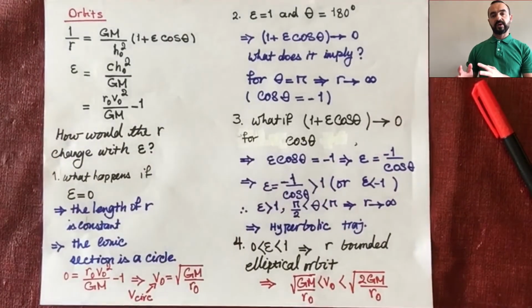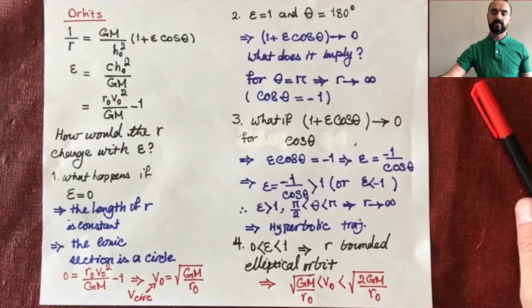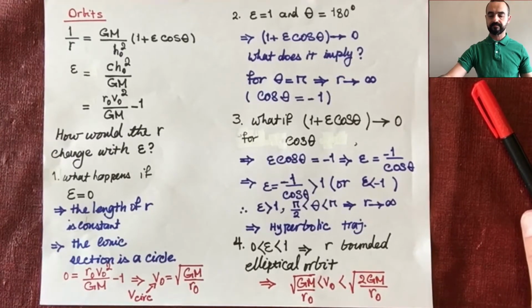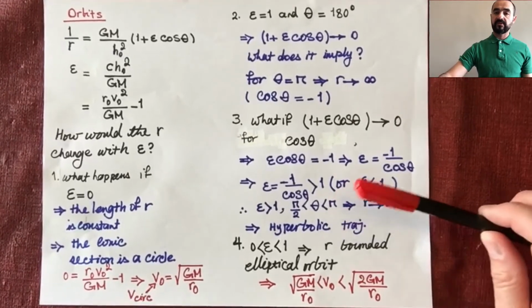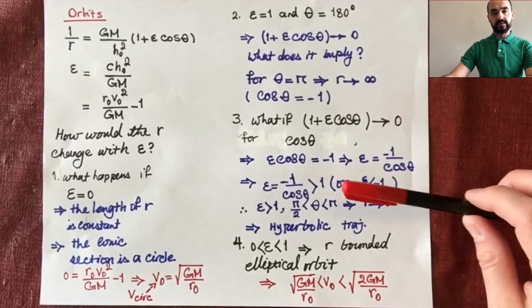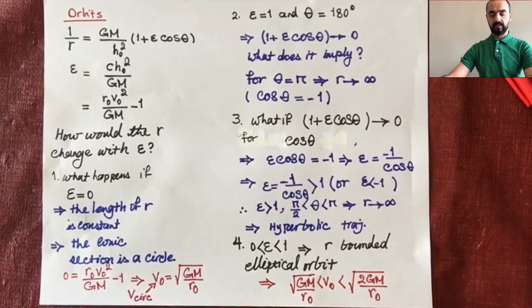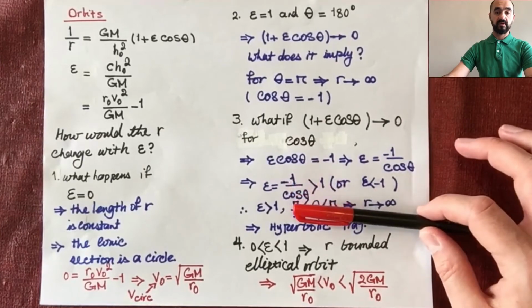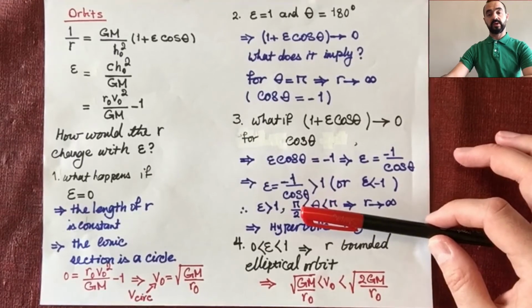If you think about theta in polar frame, cosine theta is a number between minus 1 and 1, and now we are excluding minus 1 and 1, so cosine theta is somewhere between the two. For theta between pi over 2 and pi, cosine theta is between minus 1 and 0. So minus 1 over, say, negative 0.5 is going to be equal to positive 2.